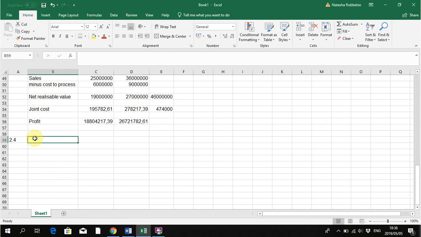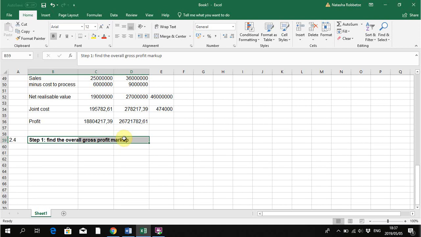So we actually do this in 2 steps. So step 1 is to find the overall gross profit markup. And this is done as follows. So in this step 1, we simply ignore the fact that there are 2 products and we do a calculation for this company as a whole.